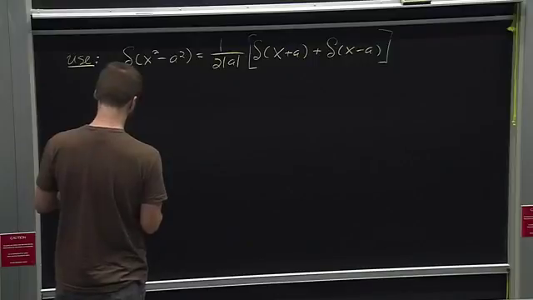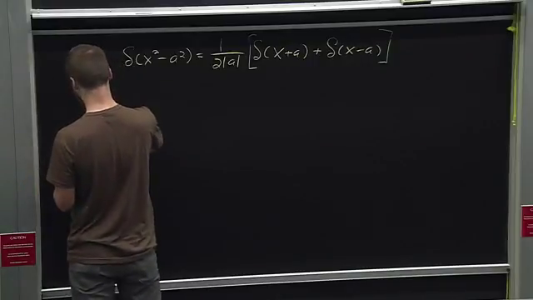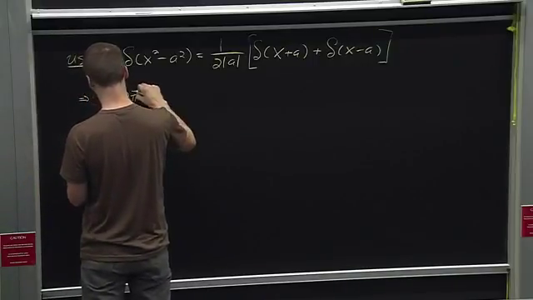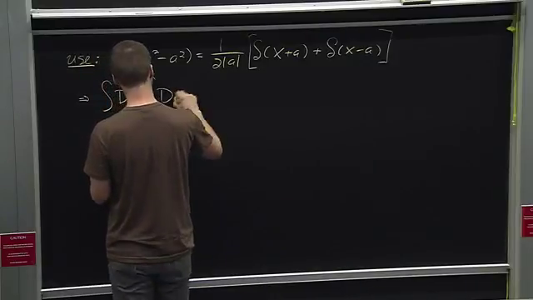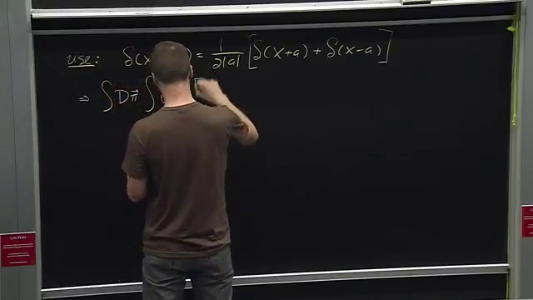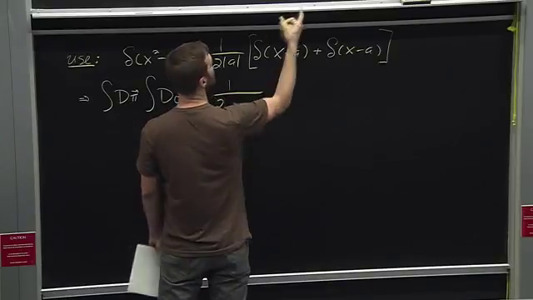So then the functional integral gives me something like 1 over 2.